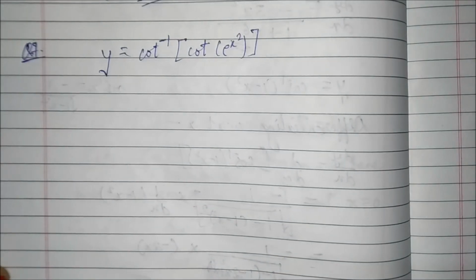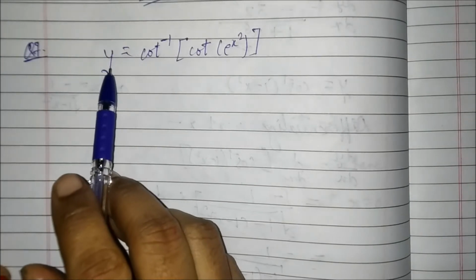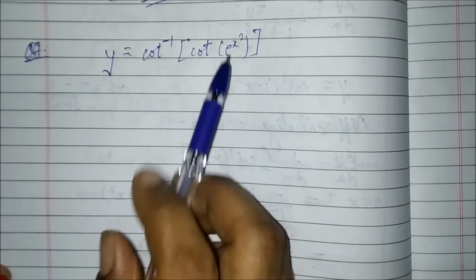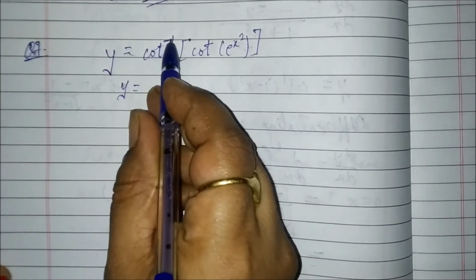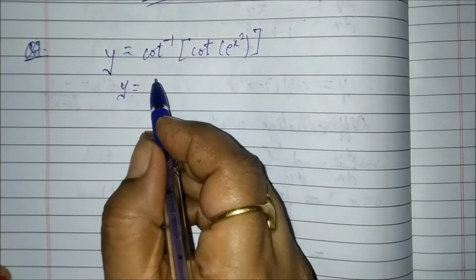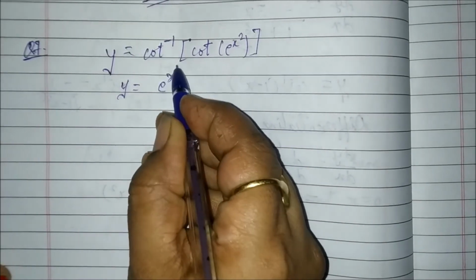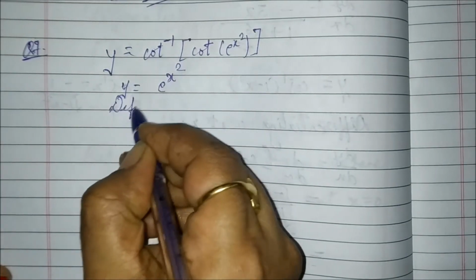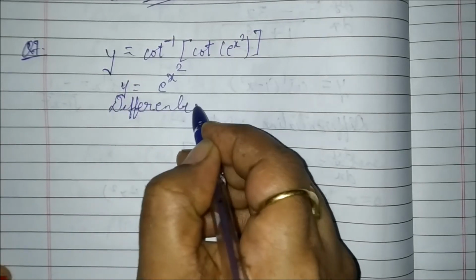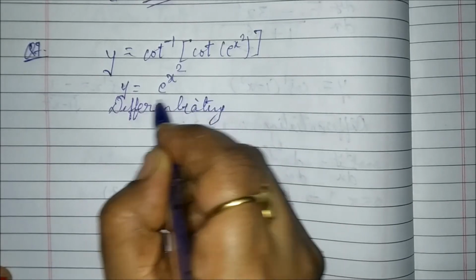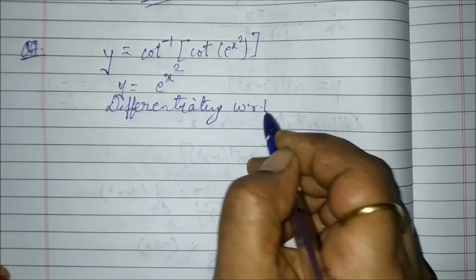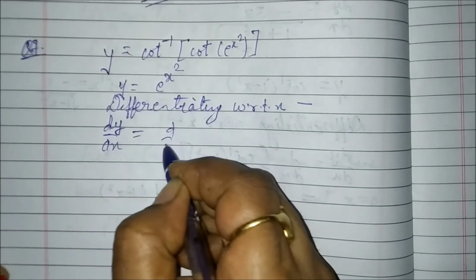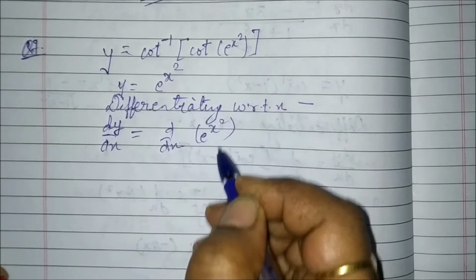Now question 7. Here the first part, a function is given y equals cot inverse cot of e raised to x square. Again see, the cot inverse and cot will become 1 and we get e raised to x square, and now the derivative of this function is very easy. So first write differentiating with respect to x, we get dy by dx is equal to d by dx of e raised to x square.